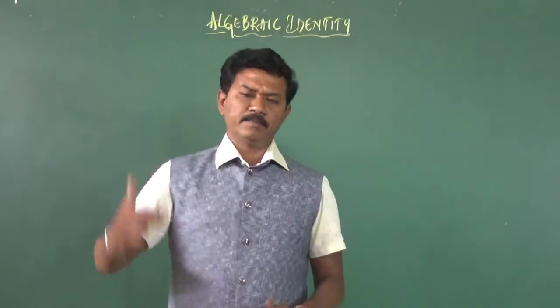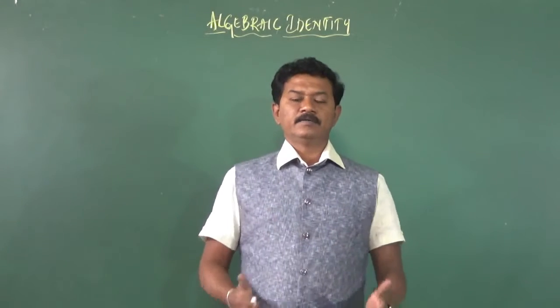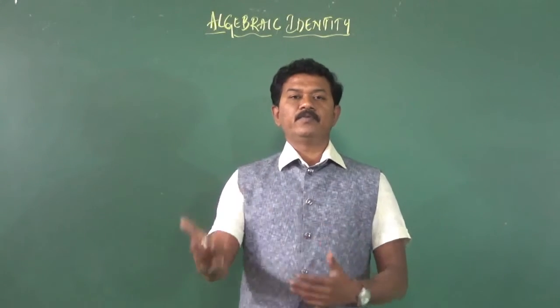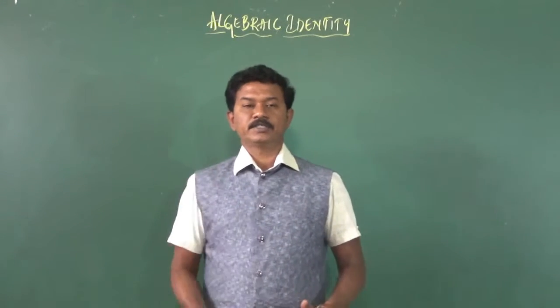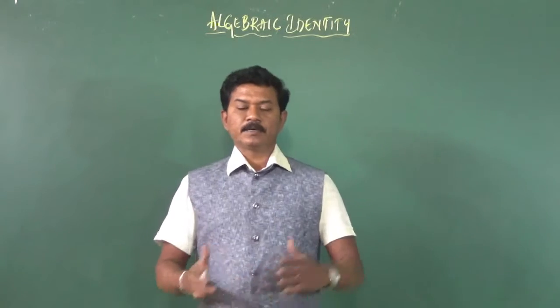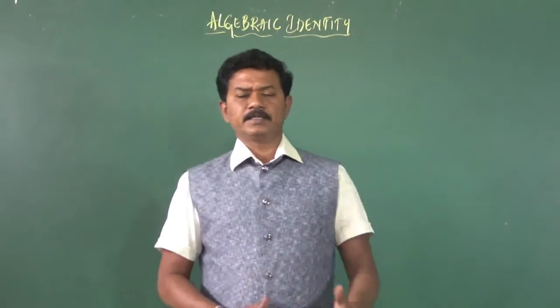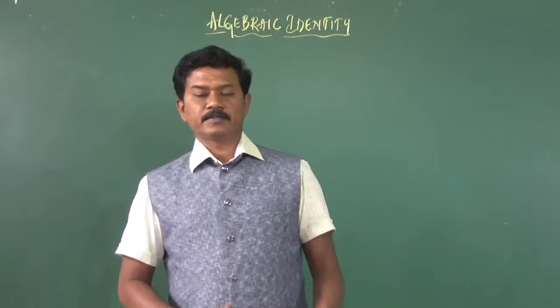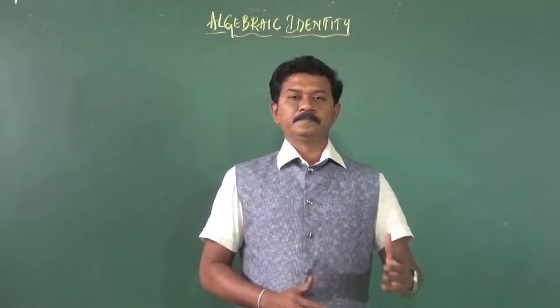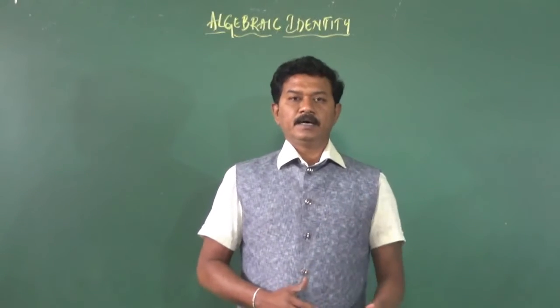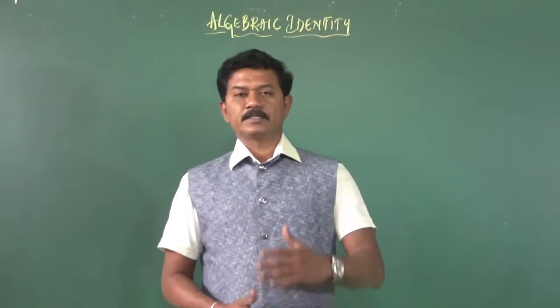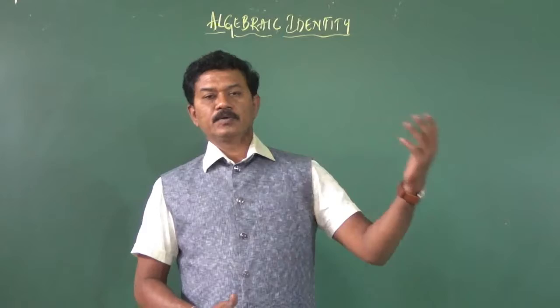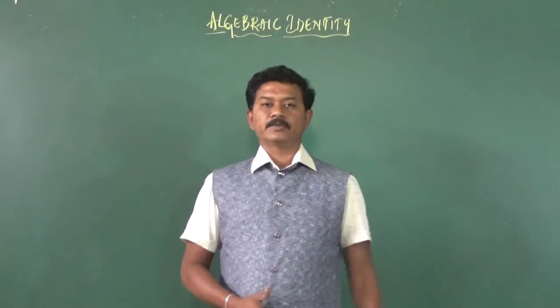We have many identities which can be used wherever we want during computations in mathematics. The other part is formulas. For example, for simple interest we have a formula, that is SI is equal to PTR by 100, and in arithmetic progressions in 10th standard we are going to come across Sn is equal to n by 2 into 2a plus n minus 1 into d.